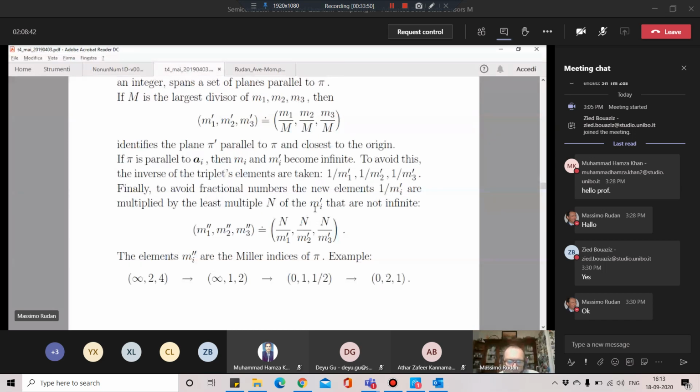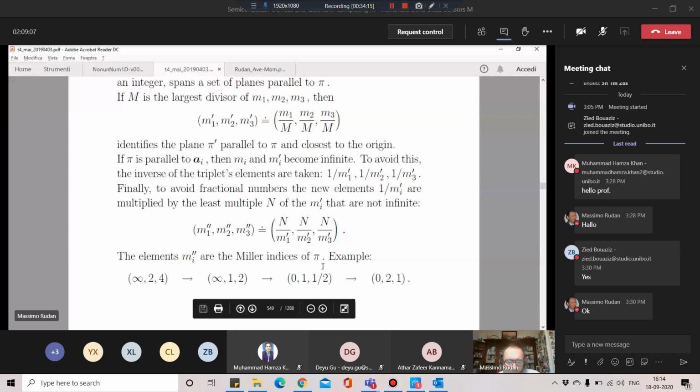So in so doing, we eventually find a final triplet, M1 double prime, M2 double prime, etc., that are neither infinite nor fractional. They are just integers, 0 included. Okay?